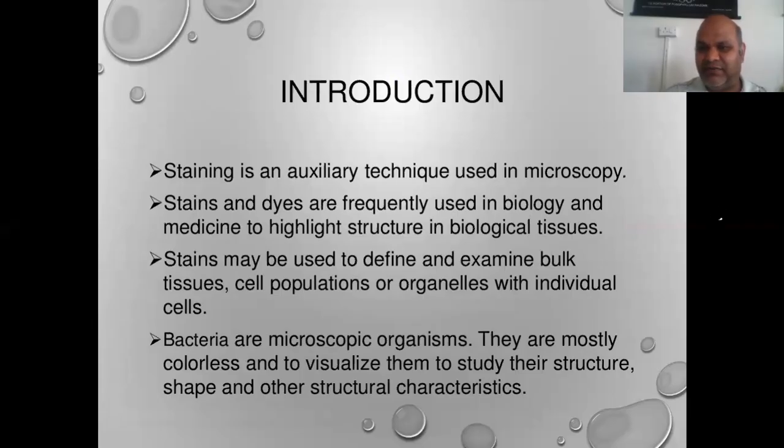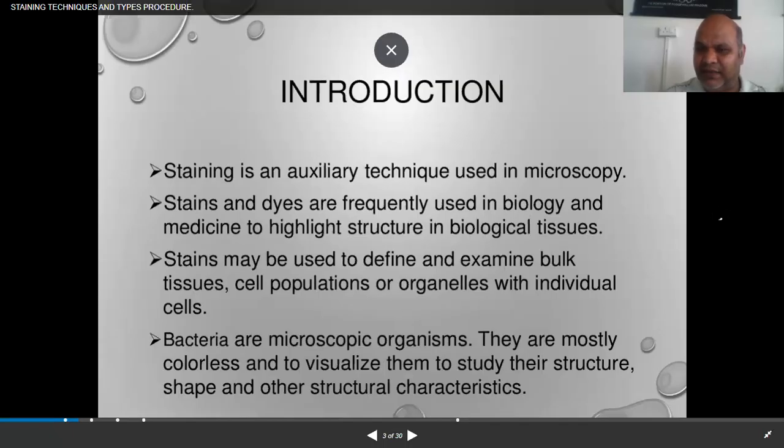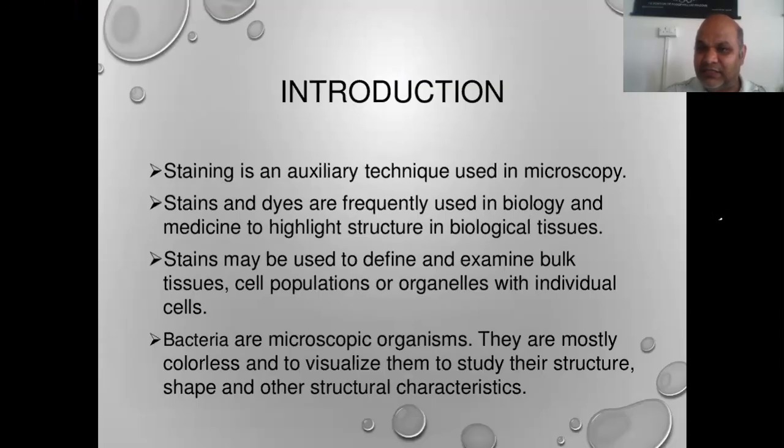Simple staining is where we have a simple stain, we put it onto the slide where the microorganism is placed, and then the specific color appears on the microorganism. And differential staining is a staining where we have to keep more than 2 or 3 stains so that each and every single microorganism which is prone to a specific type of stain gives its specific color.